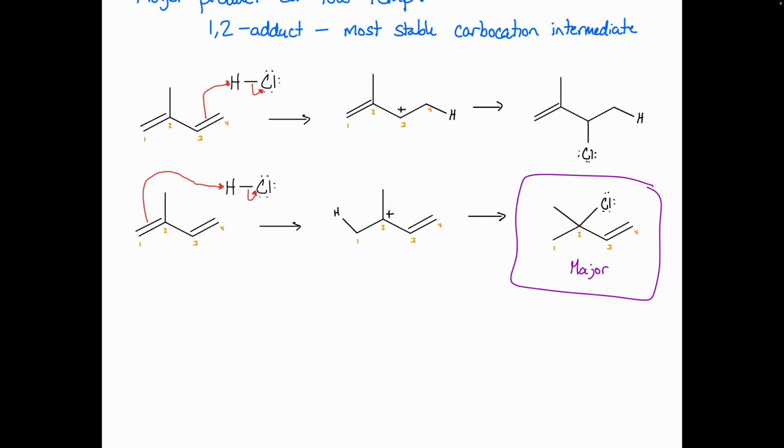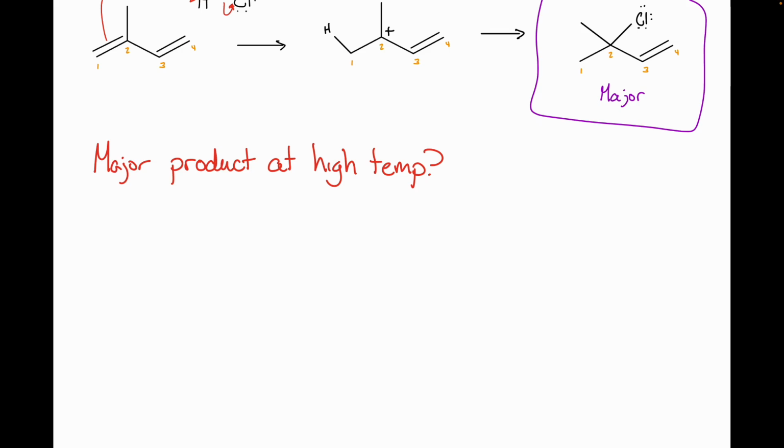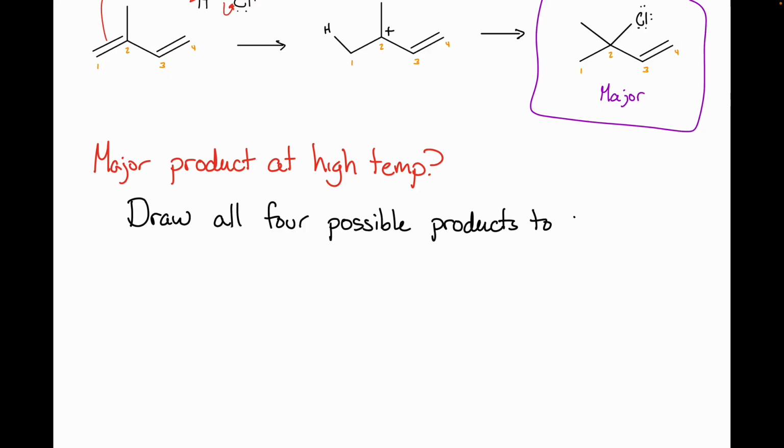All right, so lastly, what I could ask you is now the flip. What's the major product at high temperatures? And for this, we're going to have to draw all 4 possible products. All right, so how do we get 4 possible products?